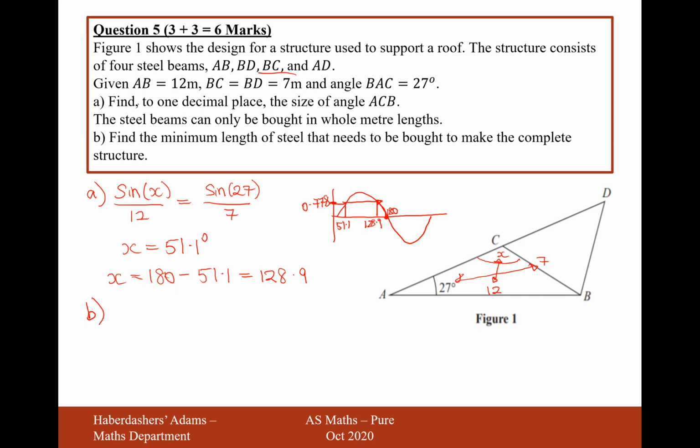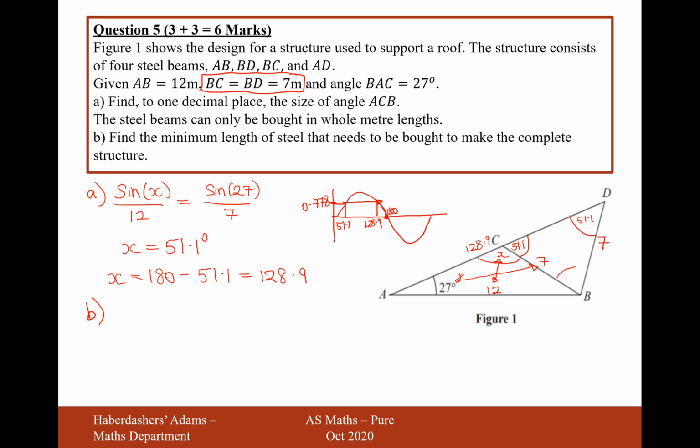Oh, hold on, we've got both sides of this triangle equals 7. So we've got BD is also equal to 7. So if we also now know that this angle up here is 128.9, then this angle round here will be 180 minus that. We know that already, that's 51.1. Now we've also got an isosceles triangle here, so this angle up here will also be 51.1.